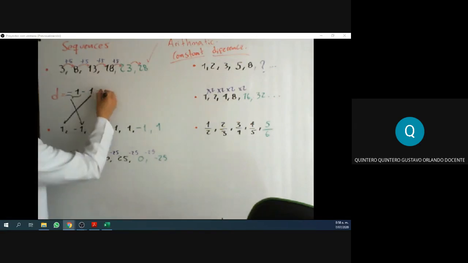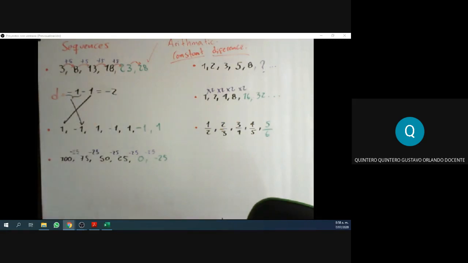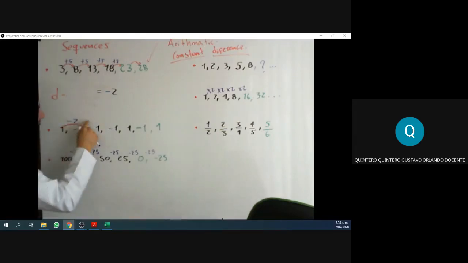And this subtraction will give us -2. In other words, the first difference will be -2 to pass from one number to the other one, -2, right? Does that difference carry on?